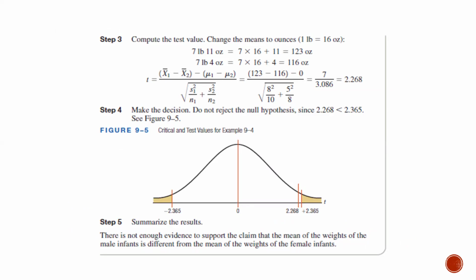So we will get the value of 2.268 after the calculations, and we will plot the value on the curve, and we will see that 2.268 is less than 2.365. So we will say that there is not enough evidence to support the claim that the mean weight of male infants is different from the mean weight of the female infants, since the value is not lying in the critical region.